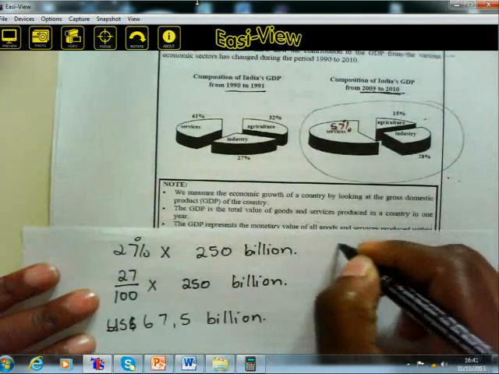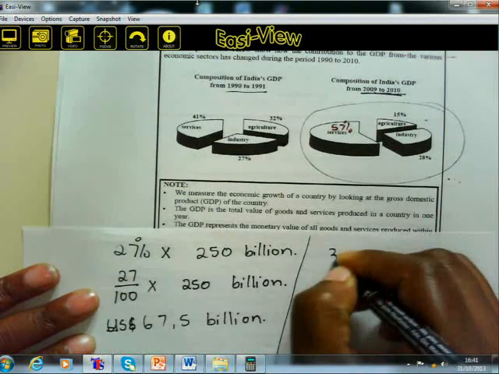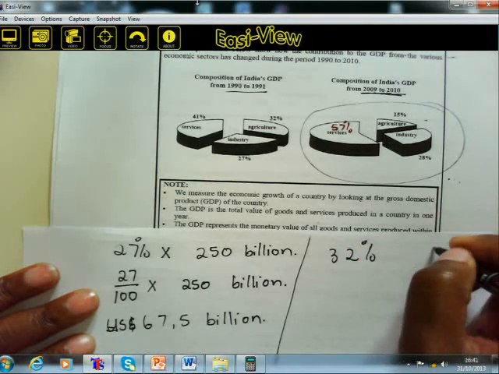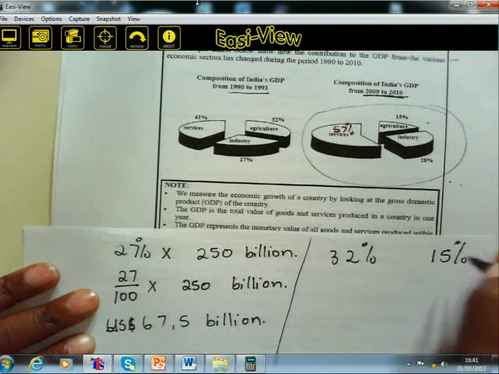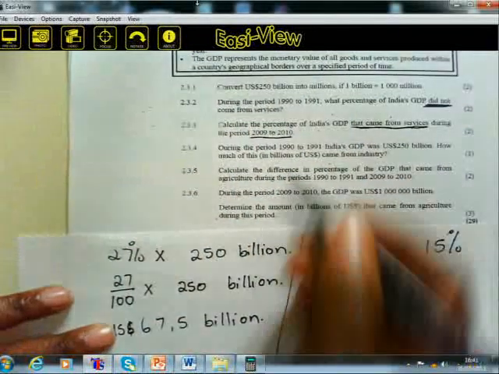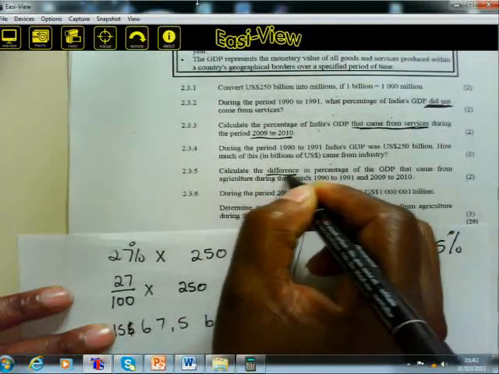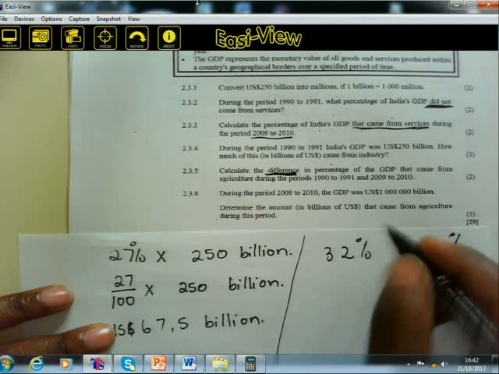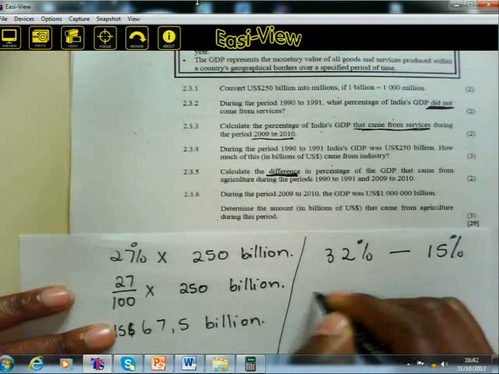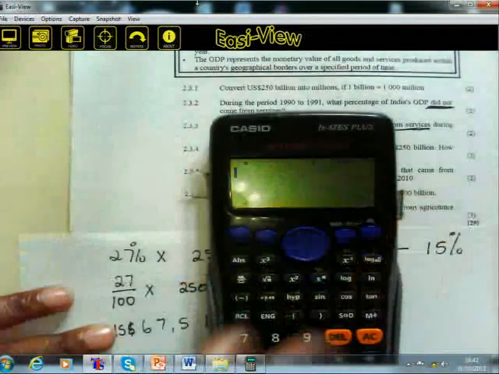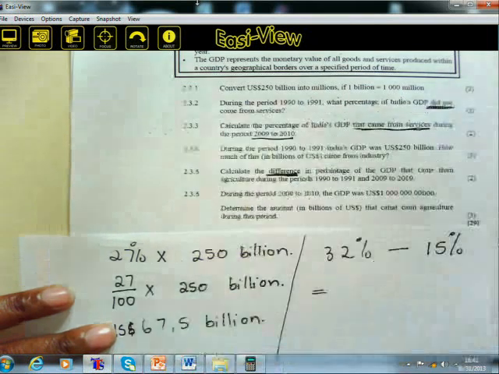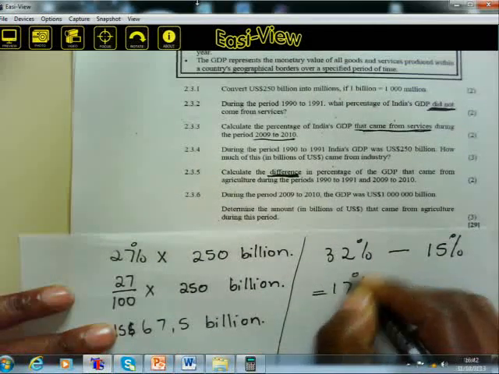The first period, it was 32%, and the second period, agriculture was 15%. Remember the concepts that we talked about earlier? Calculate what? The difference. So you must know that the difference is the answer that you get after subtracting. So 32 minus 15, it's 17. So the difference is only 17%.